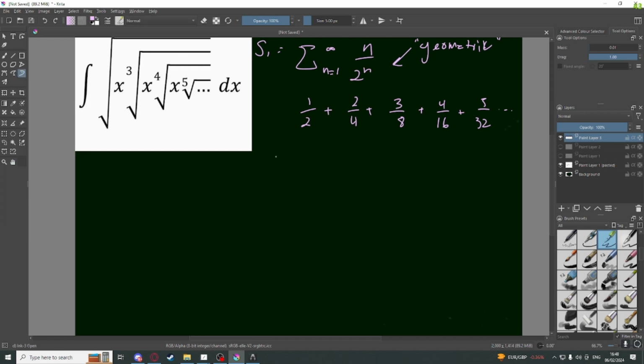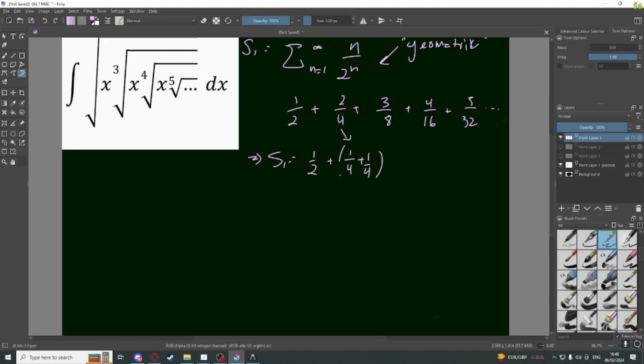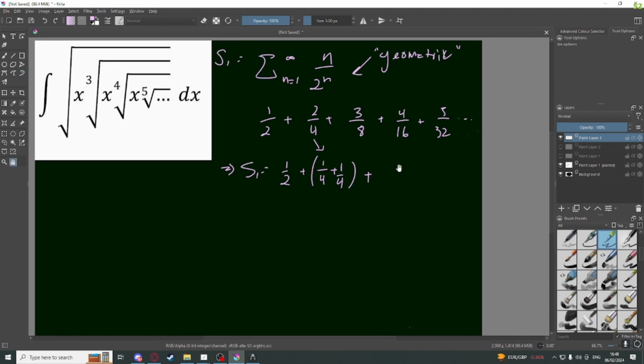And then what I can do is S1 is also equal to 1/2 plus 1 over 4 plus 1 over 4. Just splitting this term up so that I get a kind of geometric series within my original series, plus 1 over 8 plus 2 over 8, right?